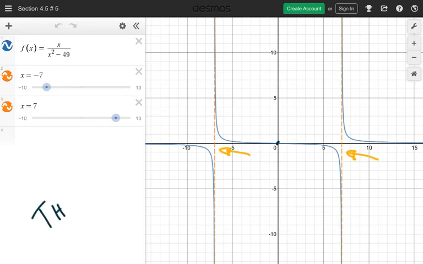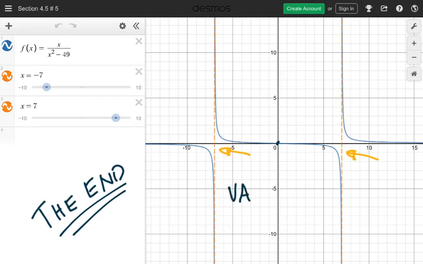The end. Well, almost the end. I'll tell you the easy way to answer this question on Canvas. You get to choose from the graphs. So if you know that we have the vertical asymptotes that we do and we have the horizontal asymptote that we have, I think there was only one choice that gave you the correct answer.